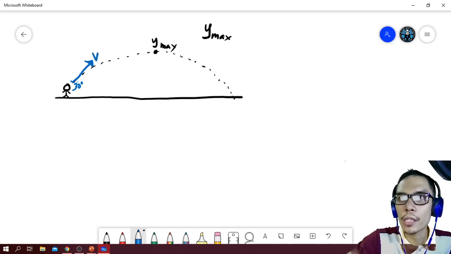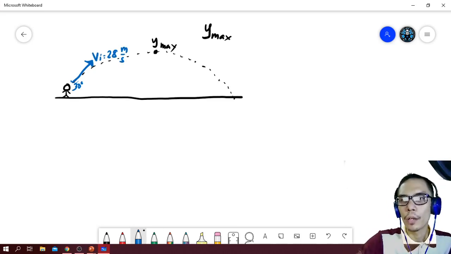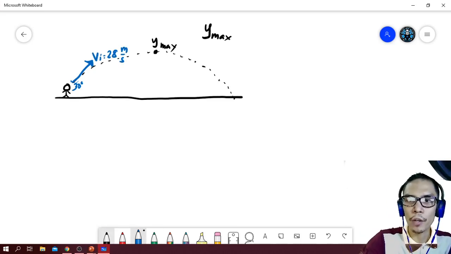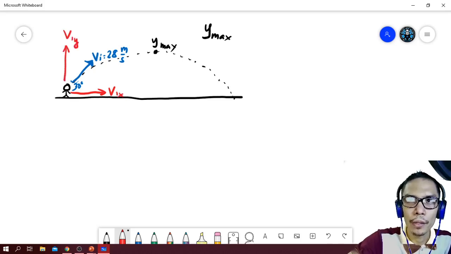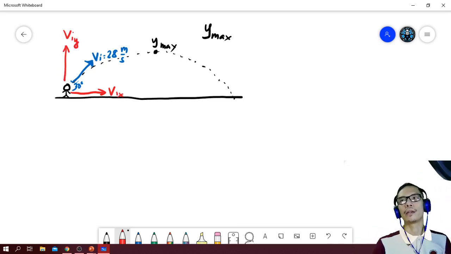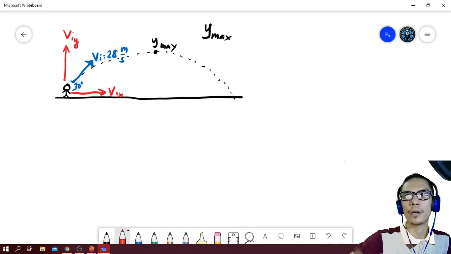So this is your V sub i, 28 meters per second. These are the components of your vector. So this is the V sub ix, and this is your V sub iy.